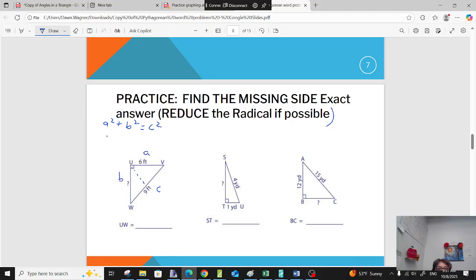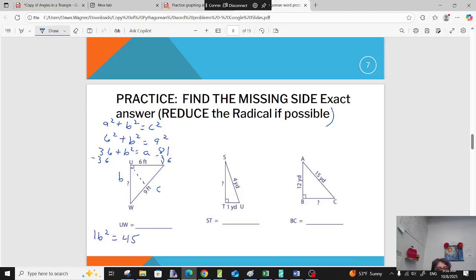So then I'm going to have 6 squared plus B squared is equal to 9 squared. I get 36 plus B squared equals 81. I have to subtract those two numbers instead of adding them. So subtract 36 from both sides. B squared is equal to 45.